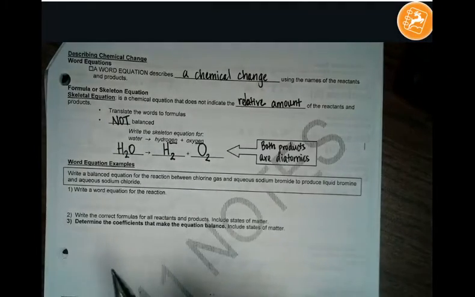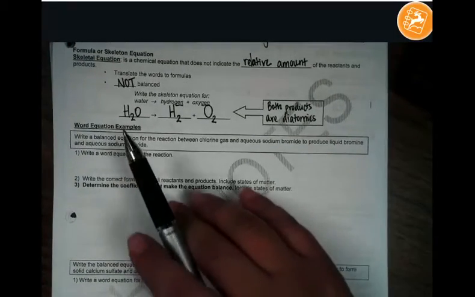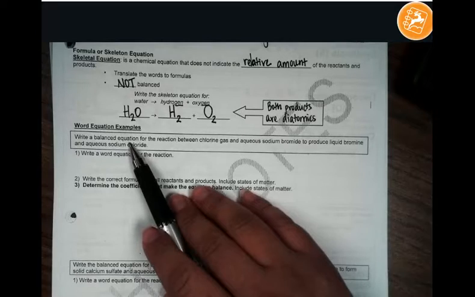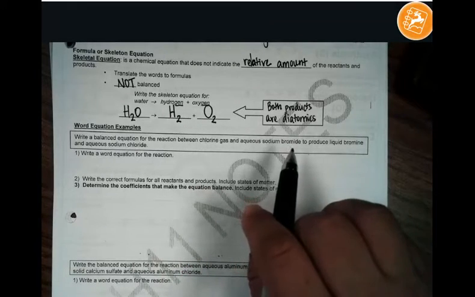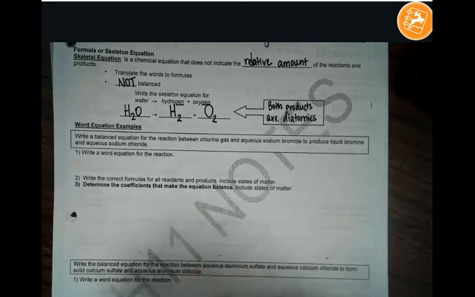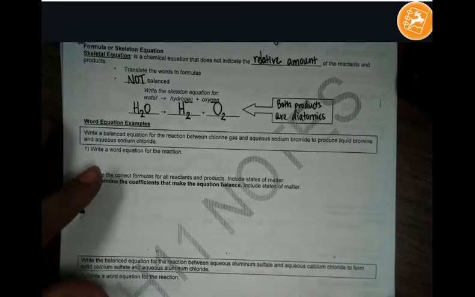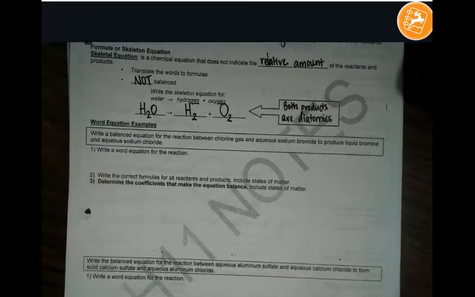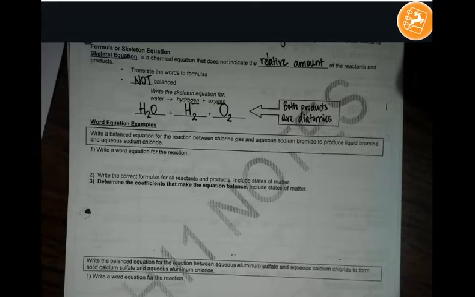All right, now we're going to practice with word equation examples. We're going to write a balanced equation for the reaction between chlorine gas and aqueous sodium bromide to produce liquid bromine and aqueous sodium chloride. So the first thing is we write the word equation. When it comes to the word equation, you want to make sure that we only have words.